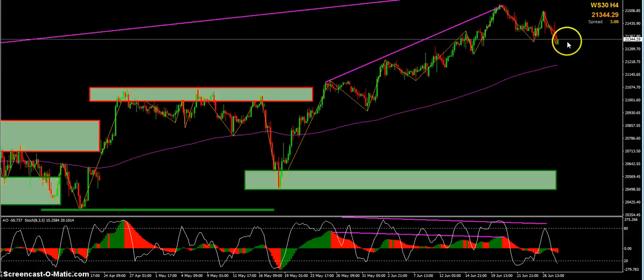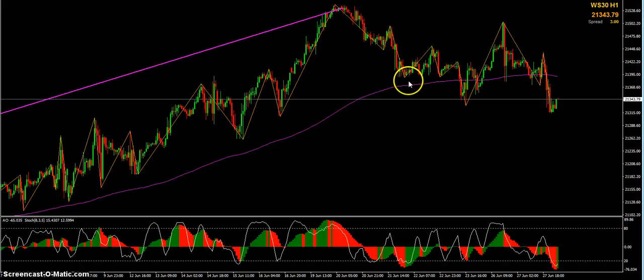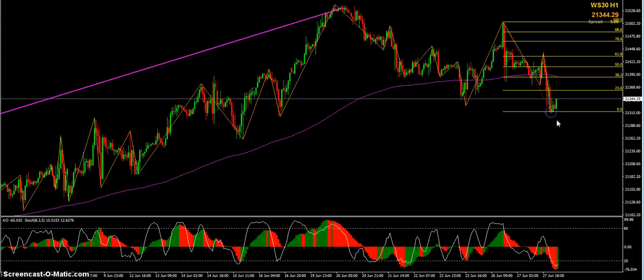So now we're starting to see that move down lower. We jump to the 1-hour chart. We're starting to see this nice large AO here. So we could look at this as wave 1, up for 2, coming down for 3. So we want to see how far that can go. But in the meantime, we'll just draw it in and wait for a pullback and then take our positions short.